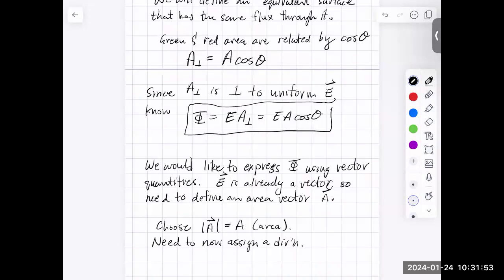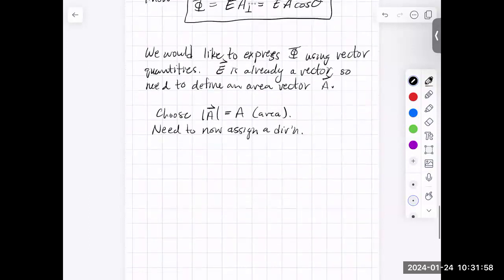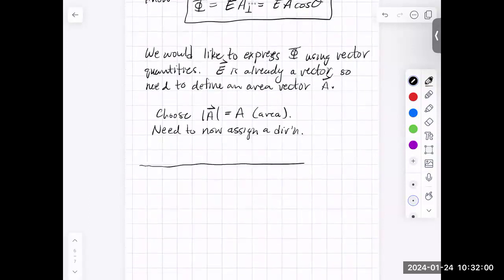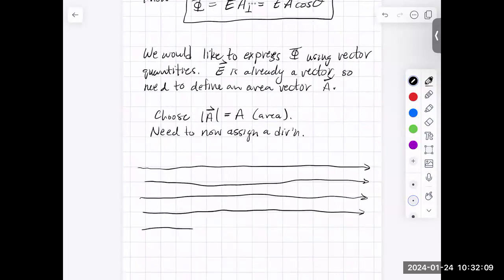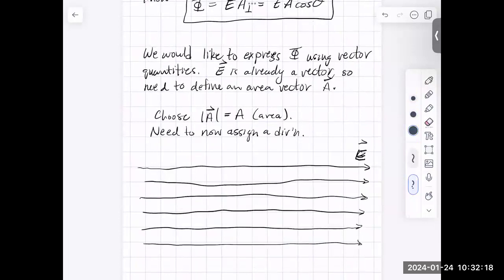Let's draw a picture of what that would look like. Just to be consistent, we'll have the same sort of picture. We'll start with our uniform electric field, and then we'll put our area in that electric field at some angle. So here's E. And we'll draw our red area looking something like this.